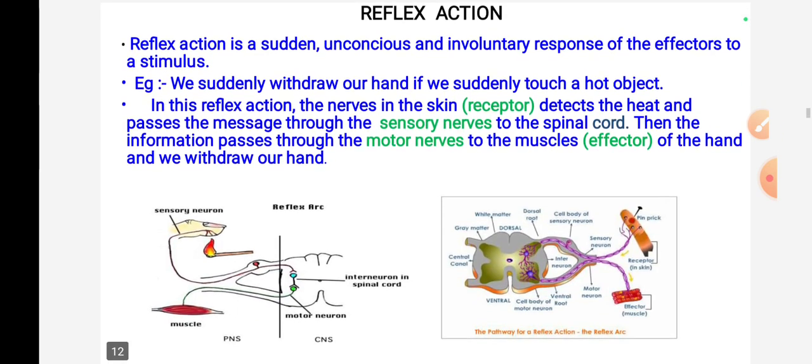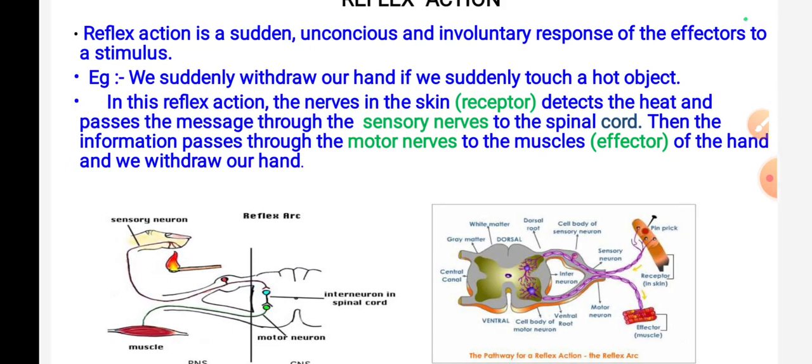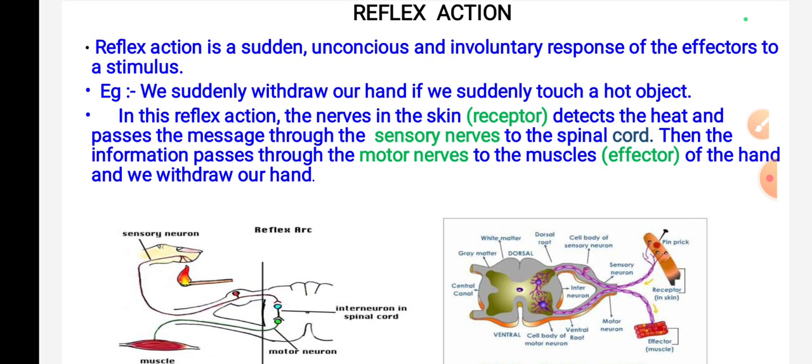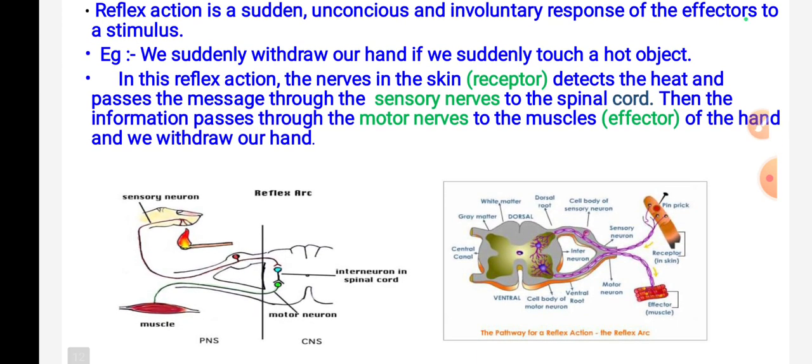Now we are going to discuss another very important concept, reflex action. A reflex action is a sudden, unconscious and involuntary response of the effectors to a stimulus. Example, we suddenly withdraw our hand if we touch a hot object.